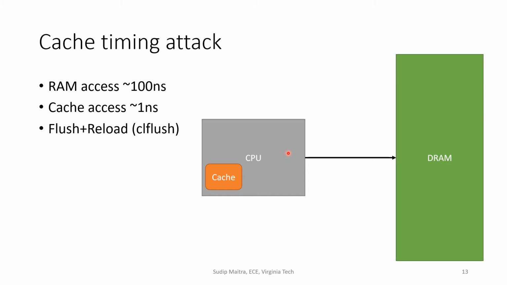Getting data from the physical memory is quite a slow process. So modern computers have something called a cache, which stores required instructions and data.